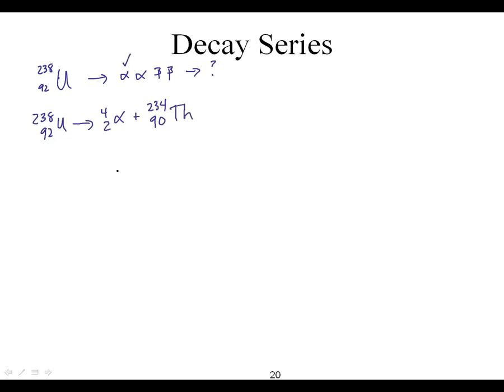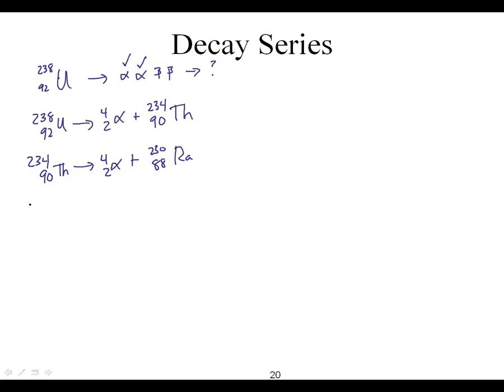The next thing that would happen is your product here would go through the next decay process, which is also an alpha decay. And that would get us a new atomic number of 88 and 230 for the top there. And 88 is RA. And that would take care of that second one.